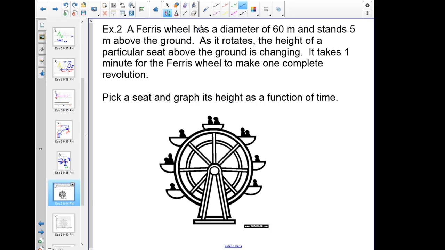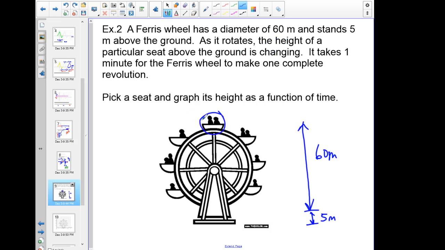So here we have a Ferris wheel that has a diameter of 60 meters. So that means from the highest point to the lowest point is 60 meters. It stands 5 meters above the ground. That means from the lowest seat to the actual ground is 5 meters. As it rotates, the height of a particular seat above the ground is changing.